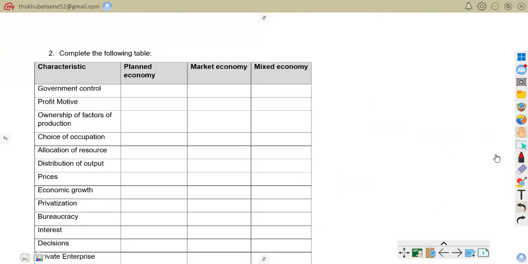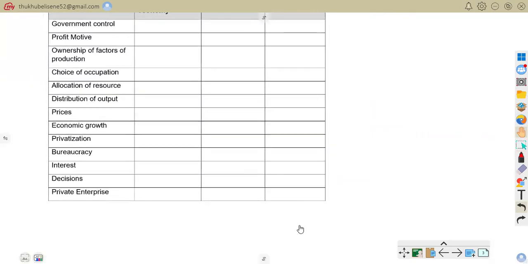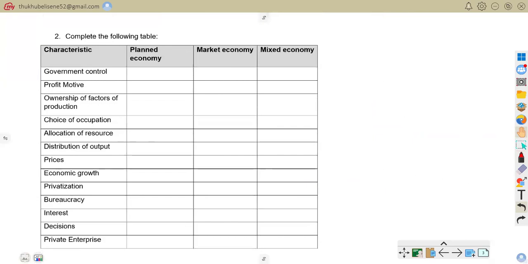So here we are at number 2, where we are still going to complete the table. As it says, complete the following table, where we have characteristics, planned economy, market economy, and mixed economy.